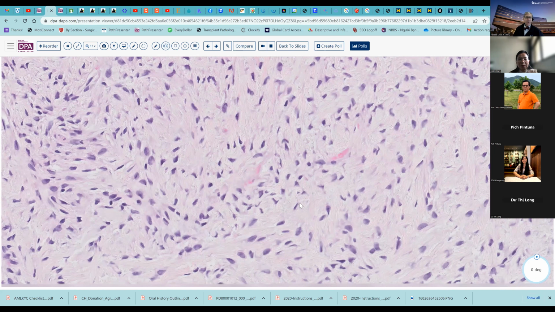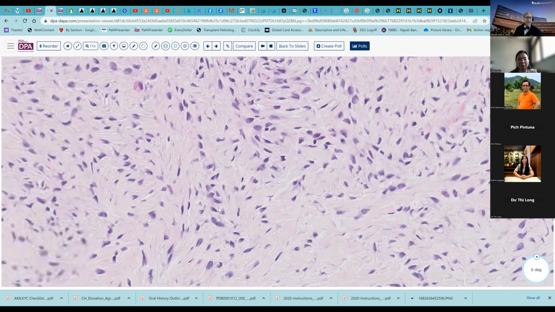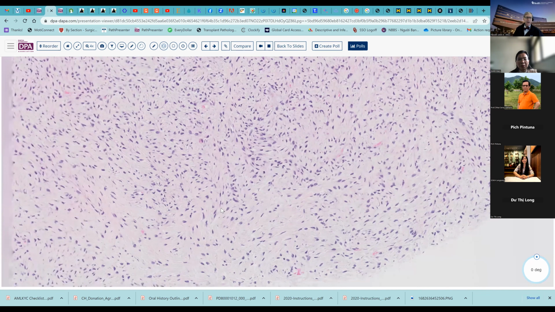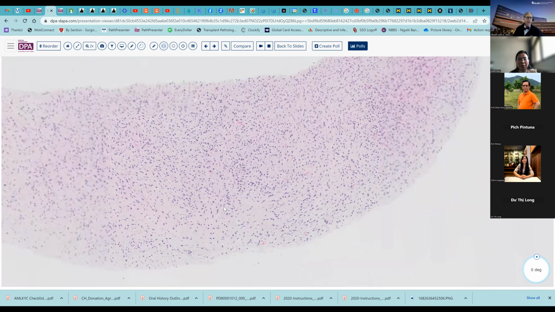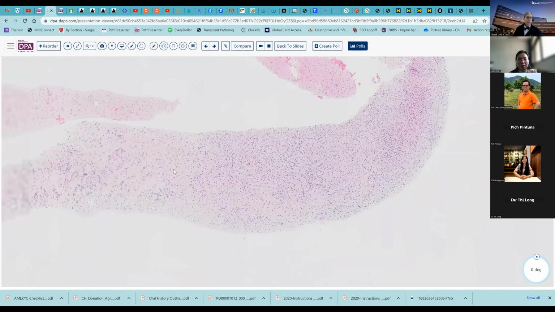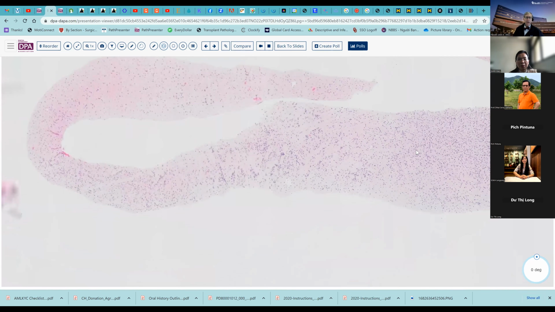Now, one difference here is that you might say these cells are a little bit more triangular or a little bit more stellate than some of the other lesions we've looked at. But I think in an individual case, it can be very difficult to distinguish these on a biopsy.